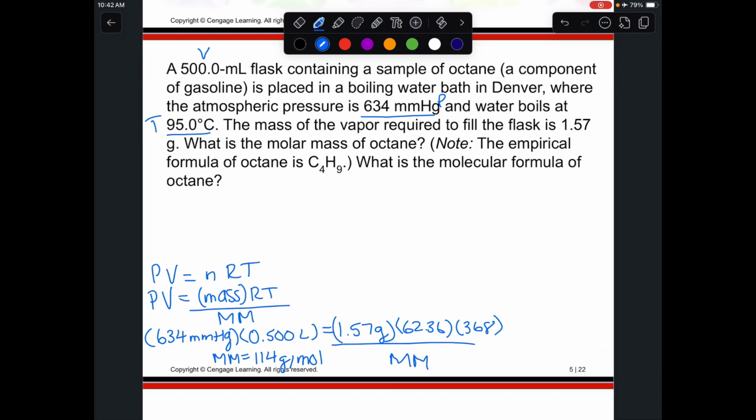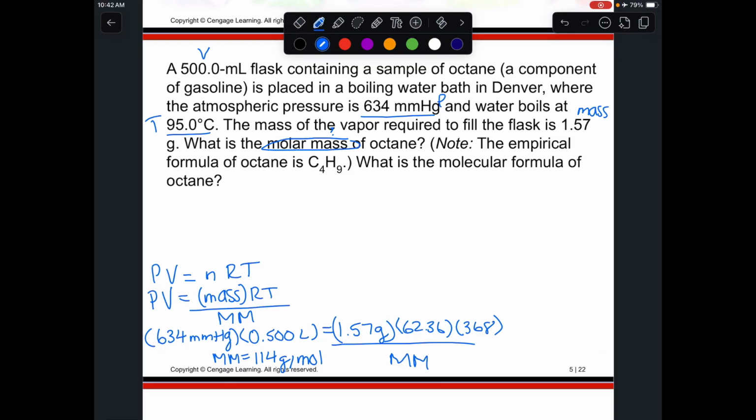This is a temperature. The mass of the vapor is 1.57 grams. Okay, so they are giving me a mass, so that is 1.57 in grams. What is the molar mass? Okay, so we're looking for molar mass, and we're given mass, we're given temperature, we're given volume.